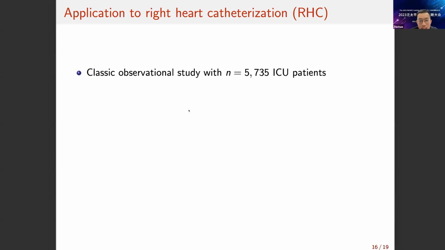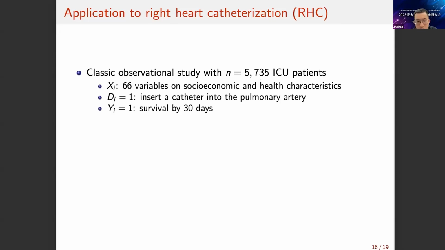So it's a classic observational study on the RHC, the right heart catheterization, with about 5,700 ICU patients, and there are 66 covariates, and the decision is inserting a catheter into the pulmonary artery, so it's an invasive and risky procedure, and the outcome is the survival indicator by 30 days.